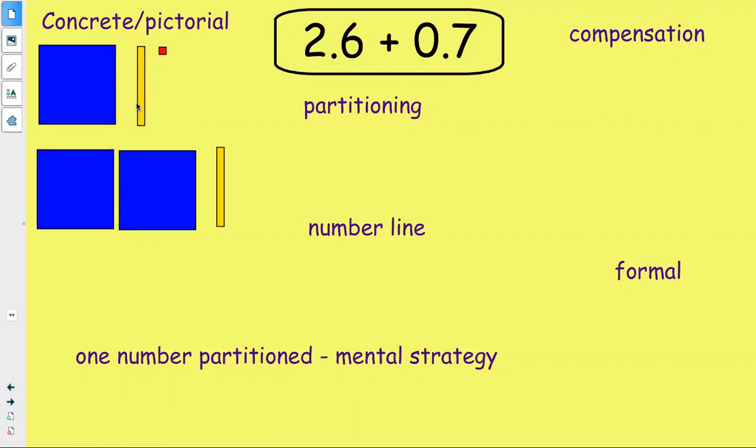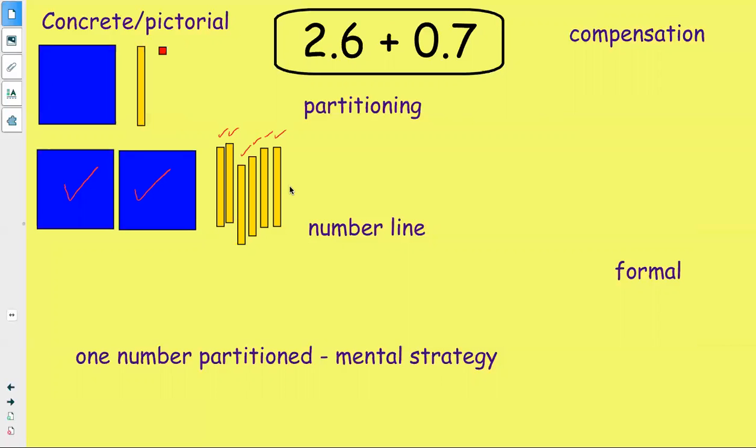I would take 6 of these. 1, 2, 3, 4, 5, 6. So that represents 2.6 because you have this one here which represents a unit, and this one here which represents a unit, so that represents 2 units, and then each of these represent tenths, so that represents 6/10.